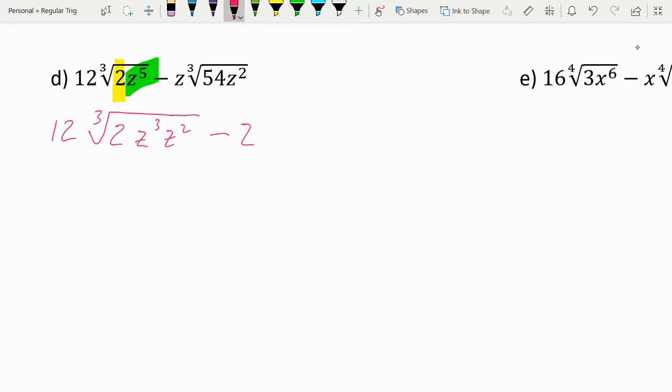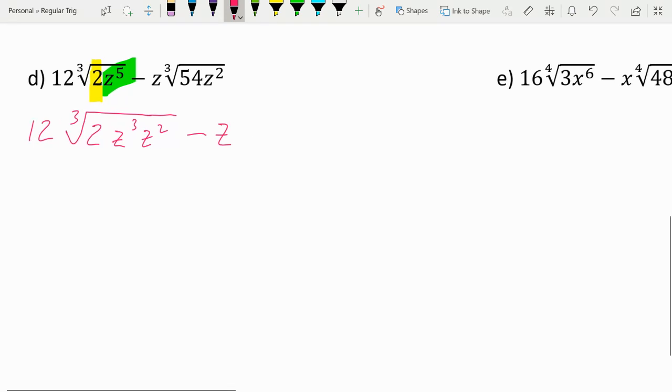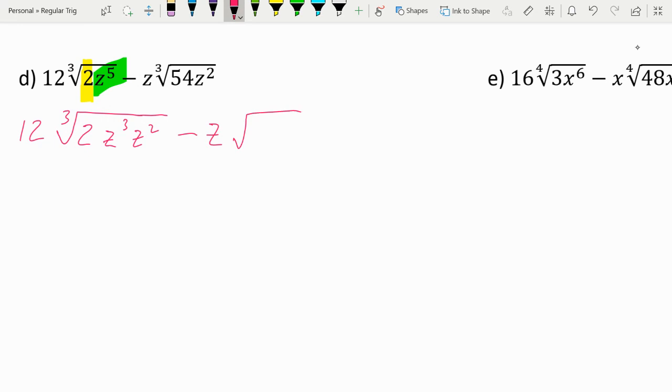All right, so I have that z that's sitting outside, and then I have the 3rd root of 54. Now I need to be able to break that 54 up. And this is where, remember, I was telling you I want this 2. I'm going to use that 2 to cheat.